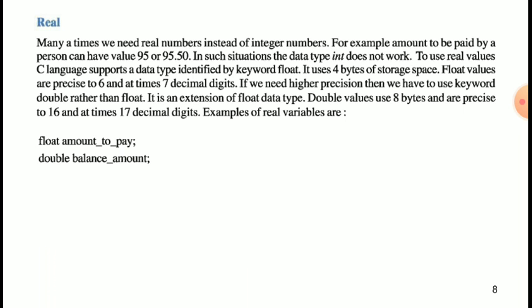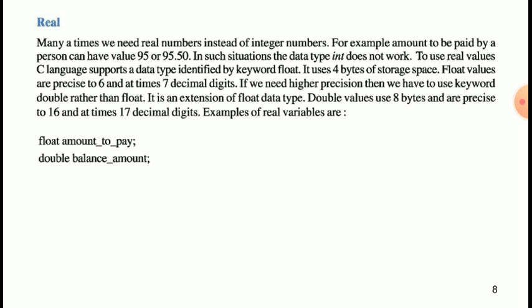Float: the variables for float values are identified by the keyword float. An example is float amount_to_pay. Here float is a data type, and amount_to_pay is a real variable declared by the statement.